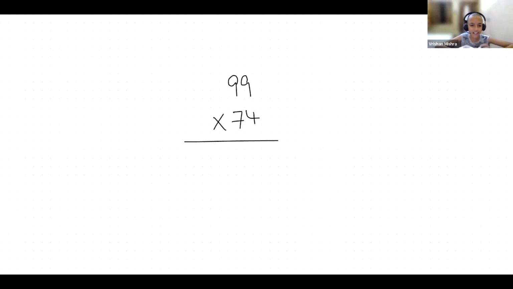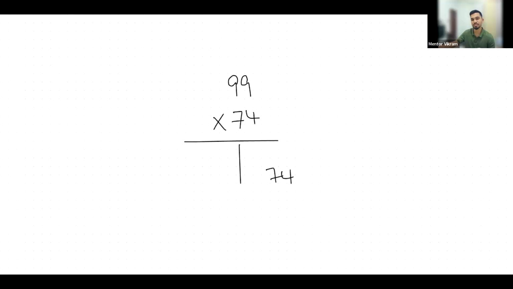I didn't understand. See, we draw a line in between and 4 goes here on the right hand side. No, the whole number, 74, goes to the right hand side. You subtract it from 100.